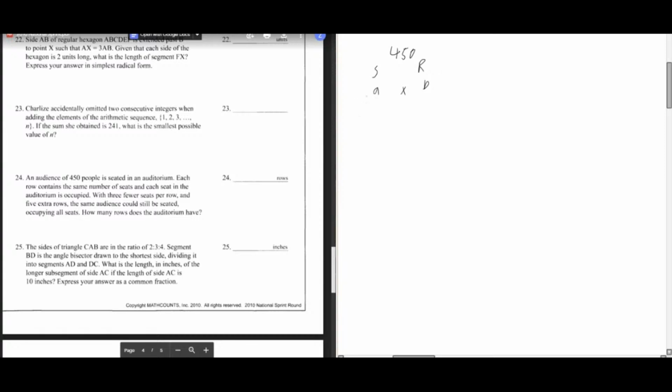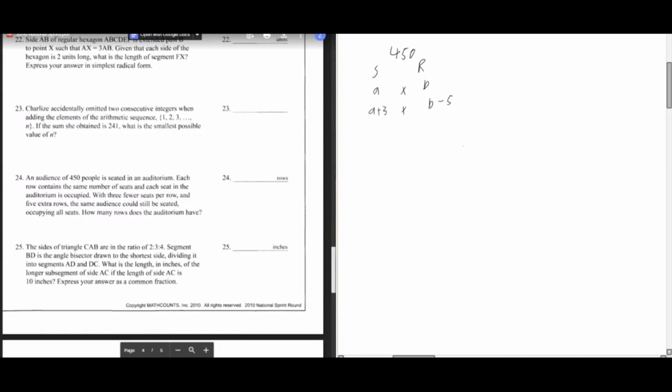And the next one is going to be this minus 3 and this plus 5. So you want to think of factors of 450 where two factors multiply to get 450, but also if you change those factors, both of them also multiply to 450.